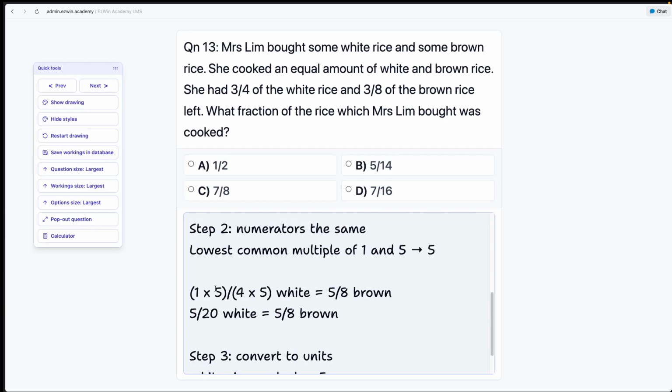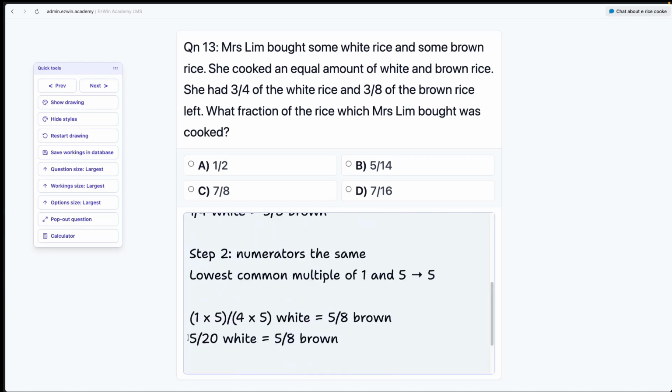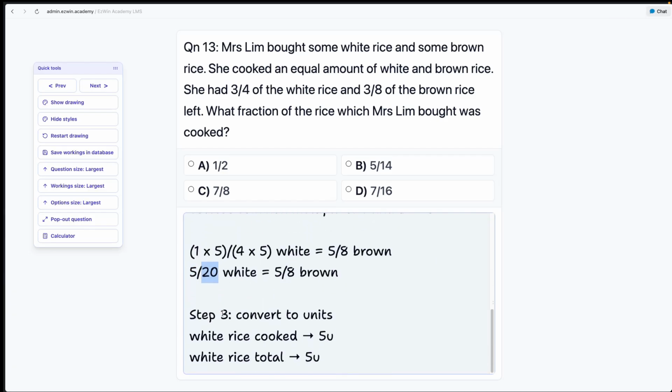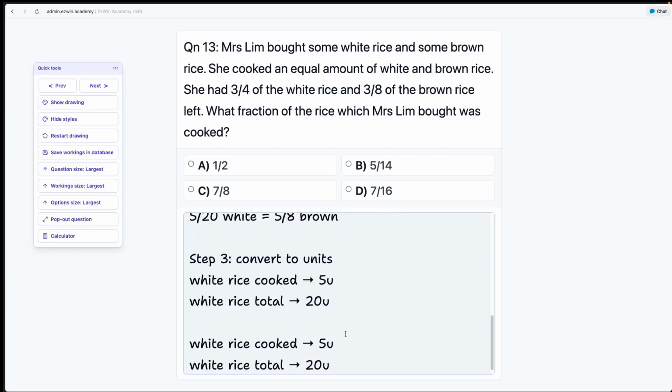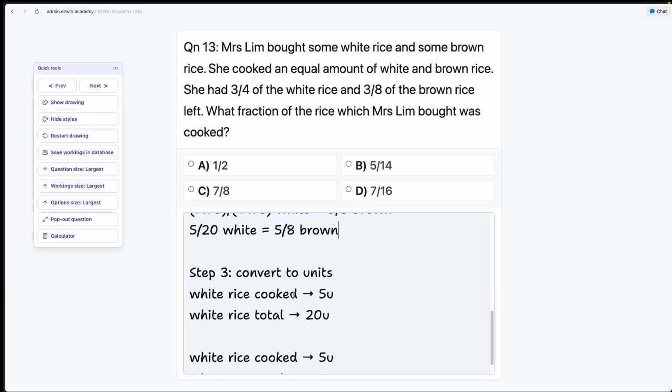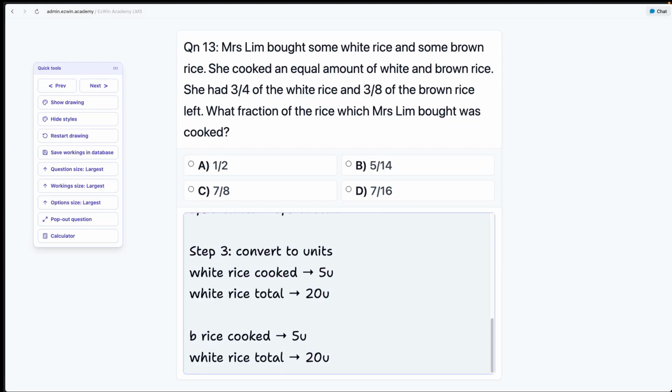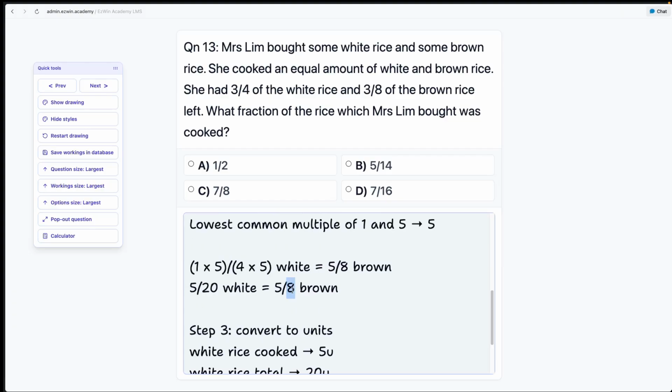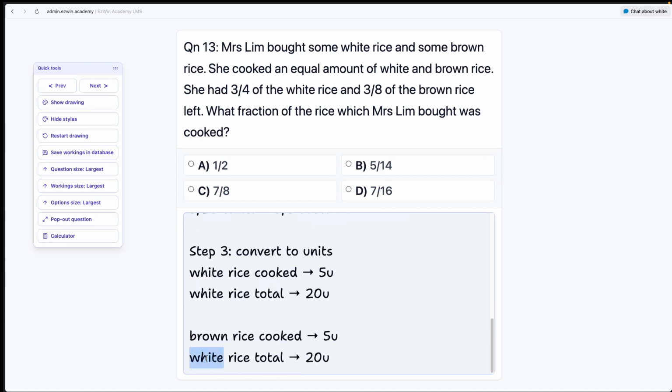Okay, so because white rice cooked is 5 units, then 20 is the total. So it should be 20 units. And we also know that for the brown rice, 5/8, this will be 5 units as well. The denominator, which is 8, is the total. Sorry, brown rice total is 8.